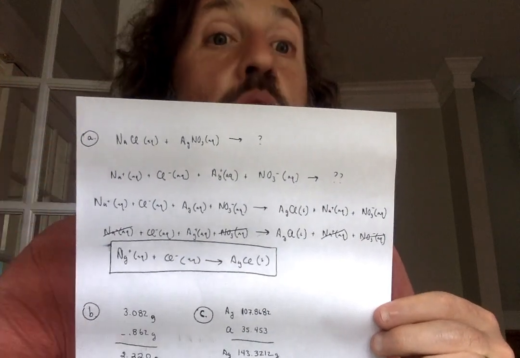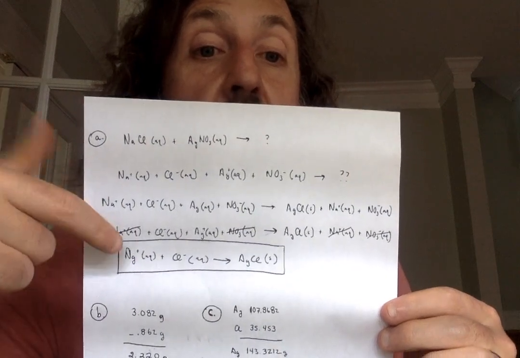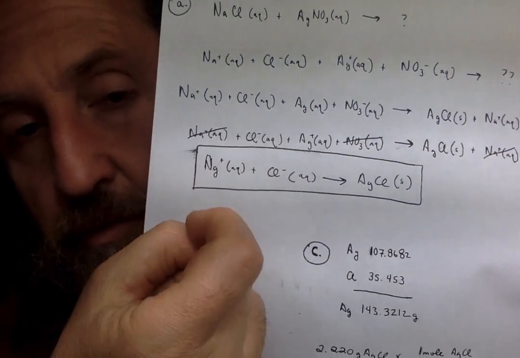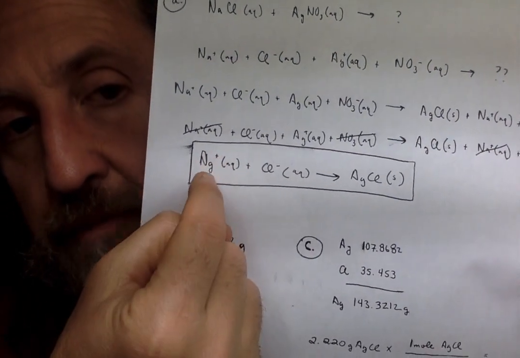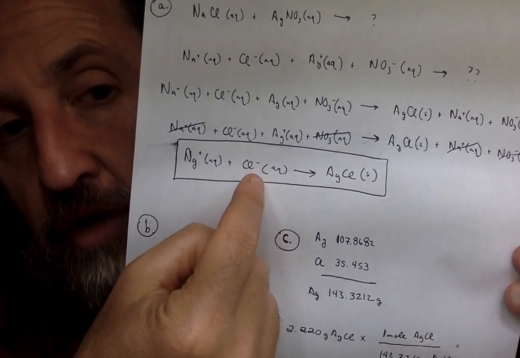They've started in one form and they've ended in the same form. We call them spectator ions. And so we're going to get rid of our spectators, and then you have here that silver, that's an Ag+, and then there's your chloride ion forms silver chloride. So now I know that I have my net ionic equation, and the math that I'm going to be doing throughout the problem is going to be around silver chloride.